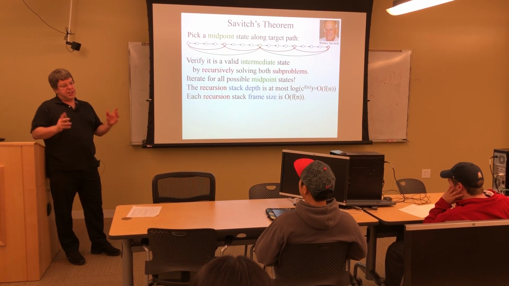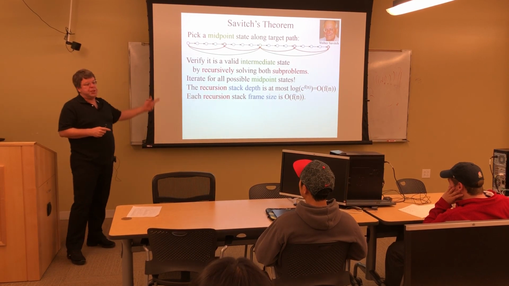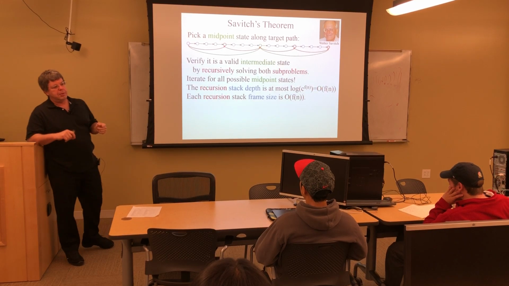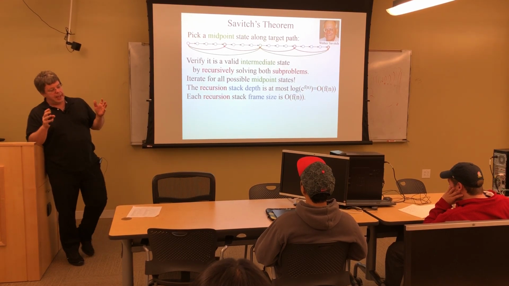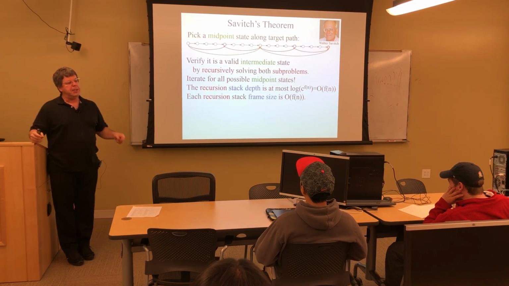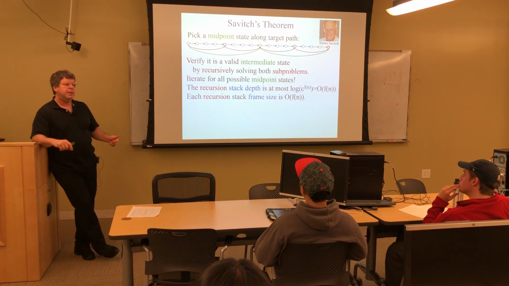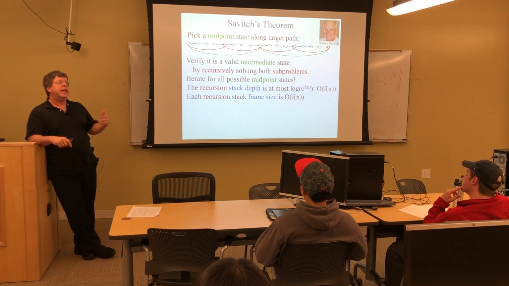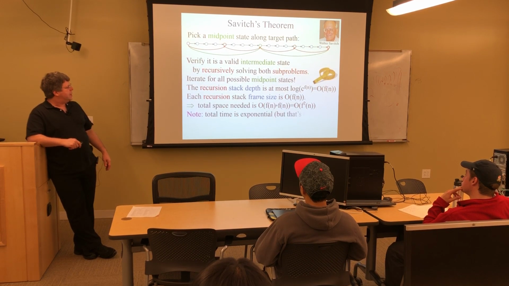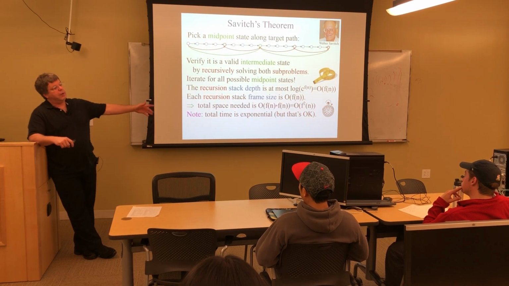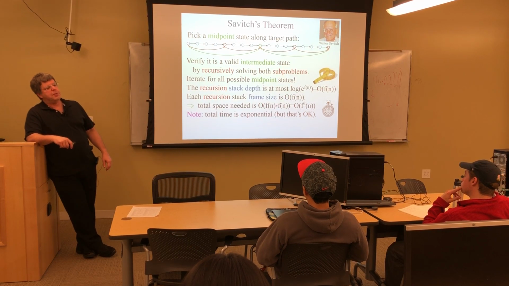Each stack frame is a copy of what you're simulating, its entire tape. So you have f of n stack frames, each one f of n large. That's where the f squared comes in. Each recursion stack is size f of n, and you have f of n of them. So your space will be the square of the space that you're simulating.